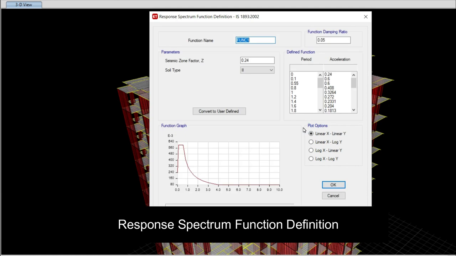We see the response spectrum function definition in the X and Y direction. The software provides a standard function. All these things are there: zone factor, soil type, and if you look at the acceleration values, the response spectrum is multiplied with the zone factor, and your curve starts from 0.24.